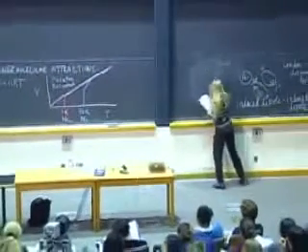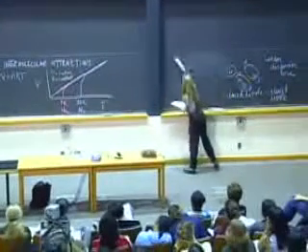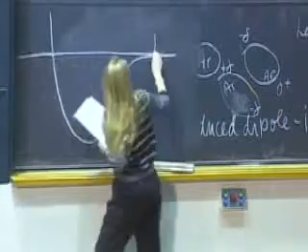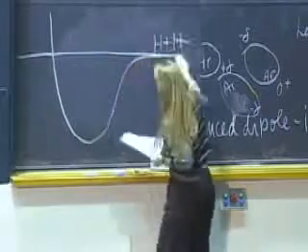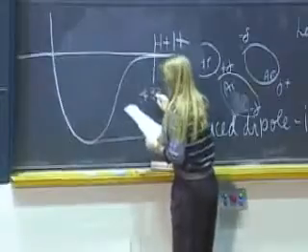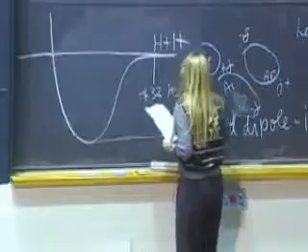Well, what's that look like? Well, here's the two hydrogens separated. The bond energy here is 432 kilojoules per mole.